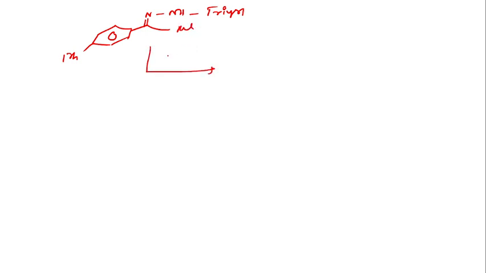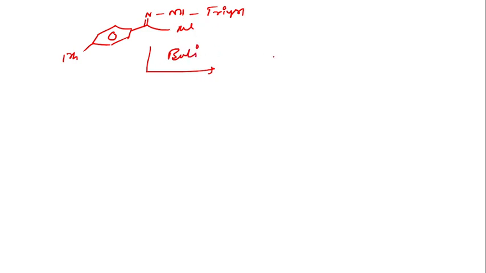So let's have an example from this part. This is a double bond N, NH, and I am not writing the whole structure. We have to use two equivalents of butyl lithium, so it is Shapiro conditions.